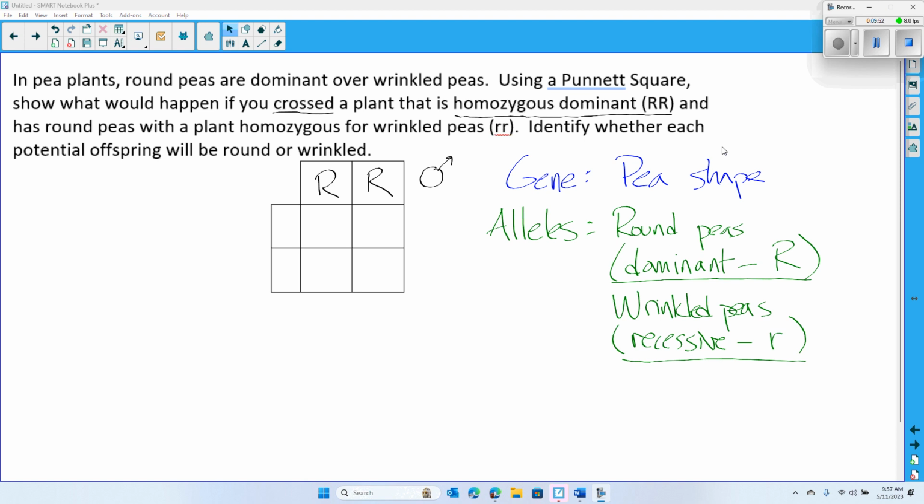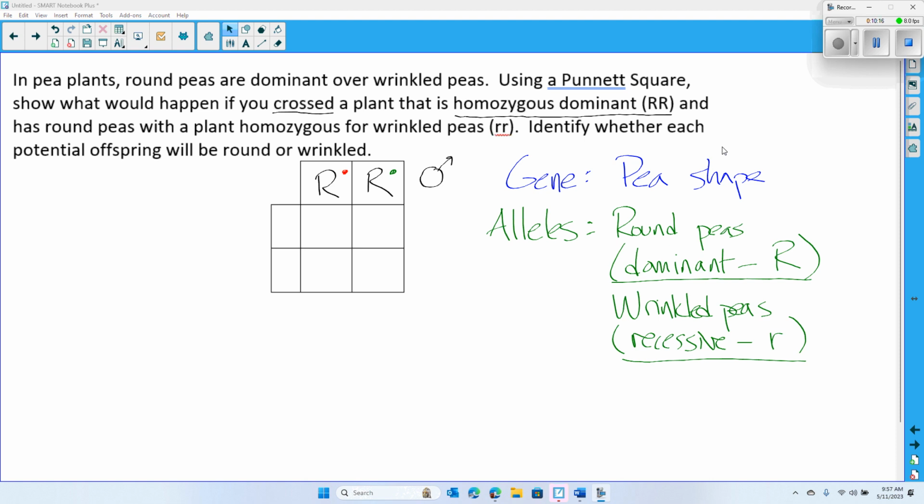We could radioactively label these. So we could say this one has a little red radioactive isotope, and this one has a little green radioactive isotope. We wouldn't be able to see the difference, but with a device that measures radioactivity and measures the wavelength of the gamma rays and stuff, we could determine which of these two alleles we were looking at.